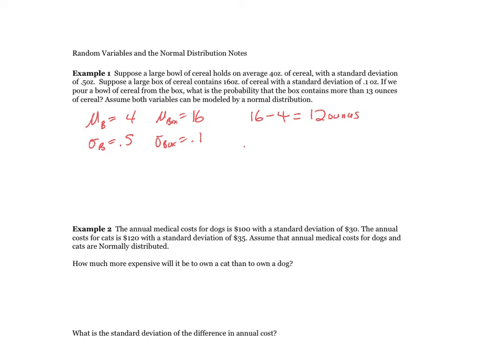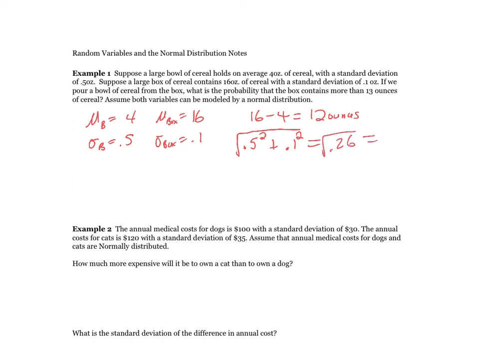So I'm going to take 0.5, the standard deviation of what was in the bowl, and square that, and add that to the standard deviation of what was in the box, which is 0.1, squared, and then I'm going to take the square root to find the combined standard deviation. So 0.5 squared plus 0.1 squared is 0.26.